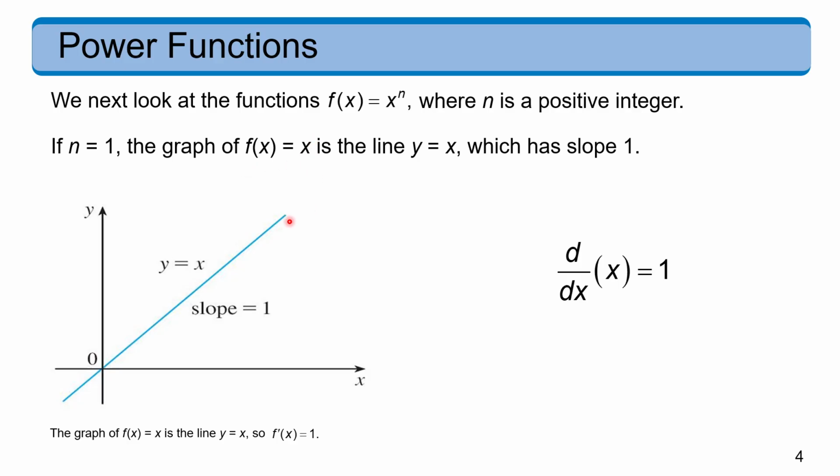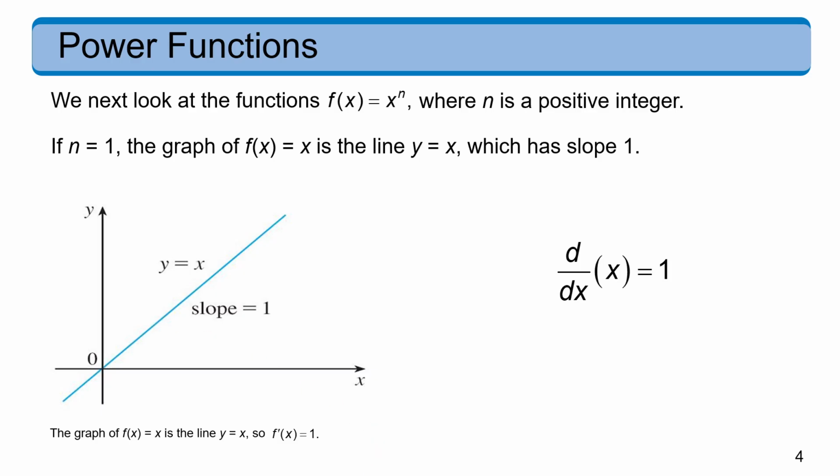We know the graph of that is just this diagonal line with slope 1 and y-intercept 0. Now think about f prime as being the slope of the tangent. If you pick any point on this line and you sketch the tangent, it's just the same as the line itself. And the slope of this line, we just said, is 1. So that means at any point, the value of f prime is 1.